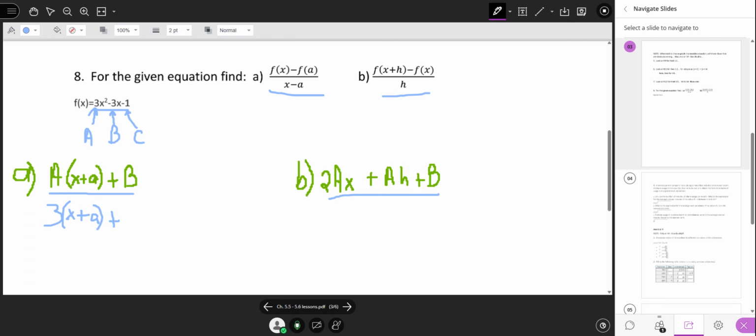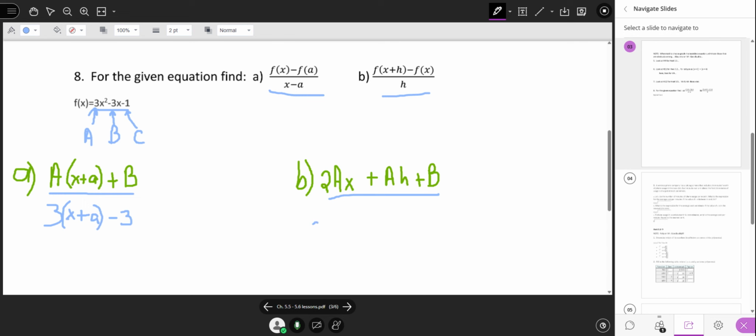Plus, and in this case, and I'm going to erase because B is a negative. So instead of positive 3, I've got a minus 3. So when that says plus B, you keep the sign of whatever B is.